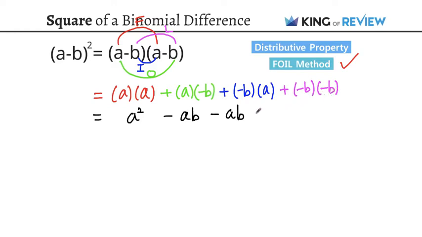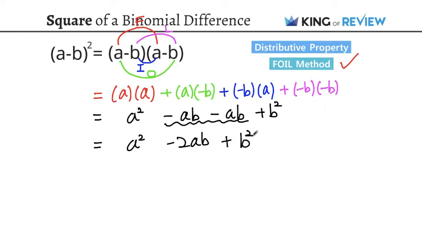So this is equal to plus b squared. And then look at this, inside, those are like terms, right? So we can combine. So a squared minus ab minus ab, that's equal to minus 2ab, and then plus b squared, right? So this is the answer of a minus b the whole squared.